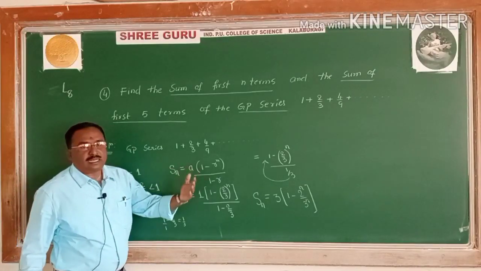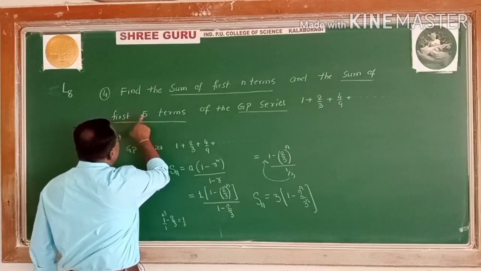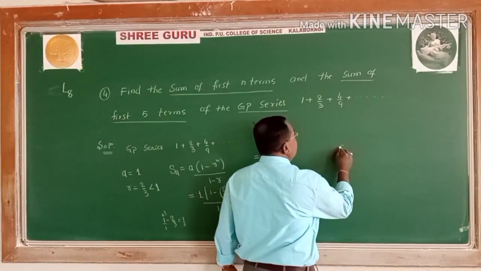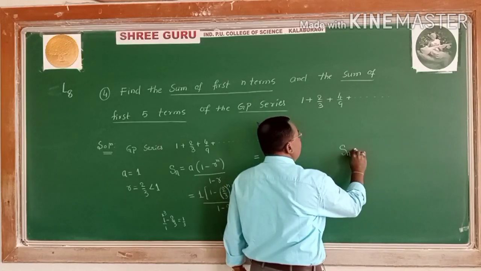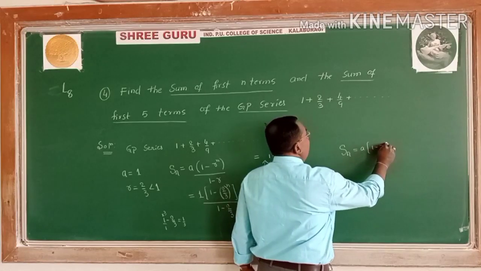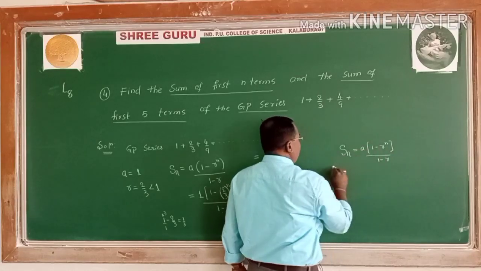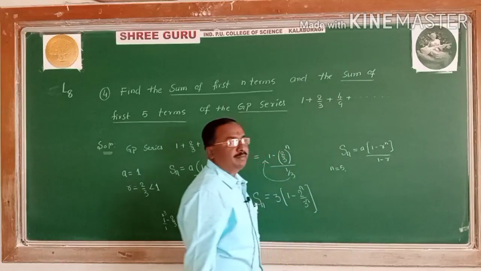Next, the sum of first 5 terms. Sn is equal to A into 1 minus R to the power n, R less than 1, divided by 1 minus R. If n is equal to 5, replace n with 5.